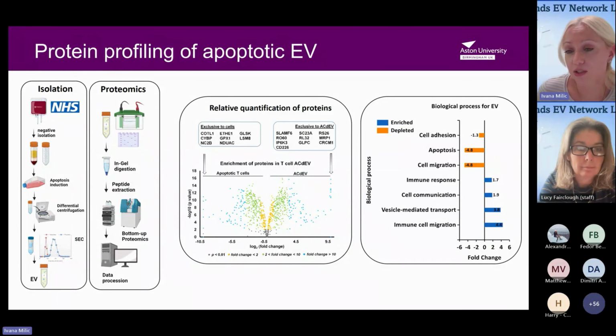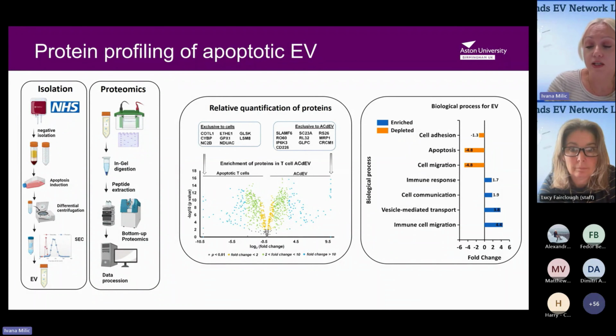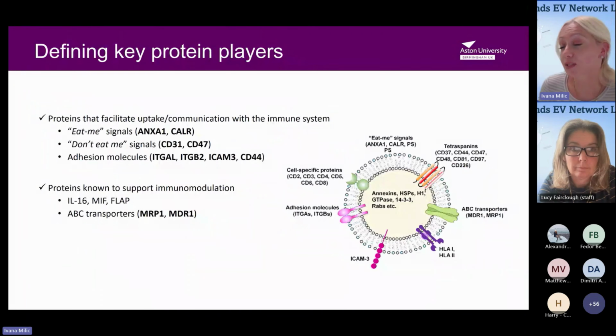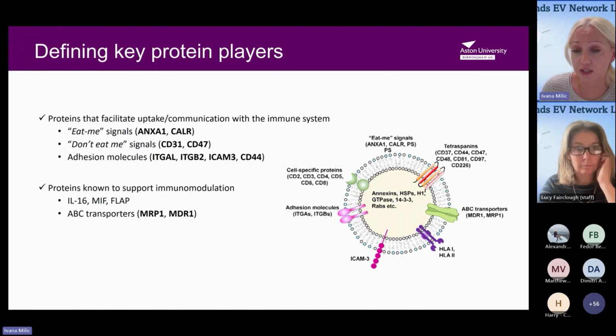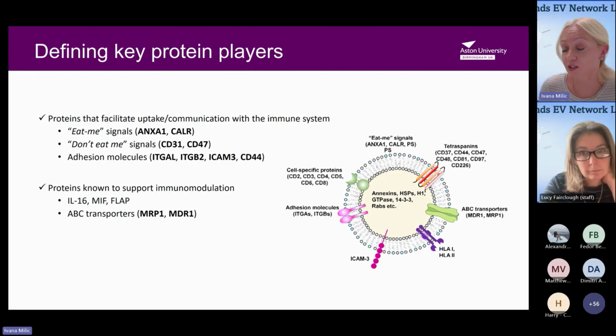So our apoptotic EVs, you can see that they are massively enriched in immune responses, cell communication, immune cell migration, so all of these features that were actually of interest to us. For the sake of timekeeping, I will just propose some of the functional features of these EVs. They are, of course, proteins that we believe are quite important. Those will be the proteins that will facilitate uptake or communication with the immune system. So don't forget about the adhesion proteins.